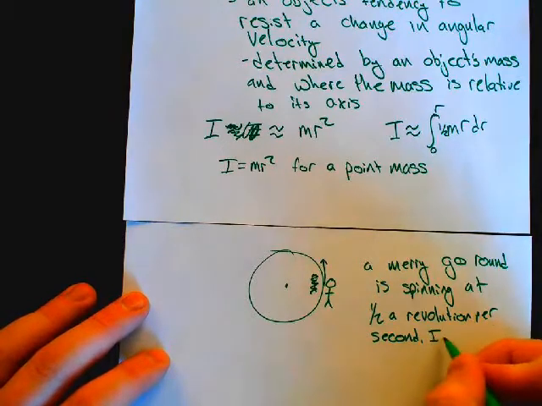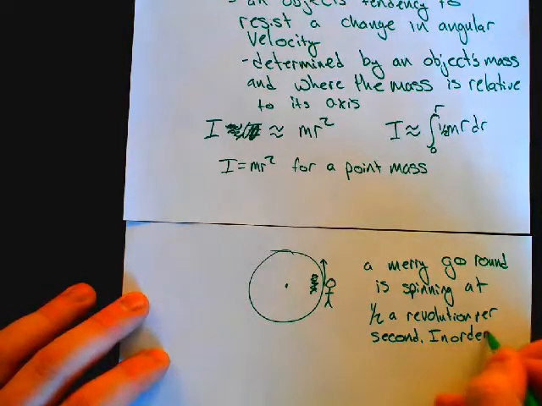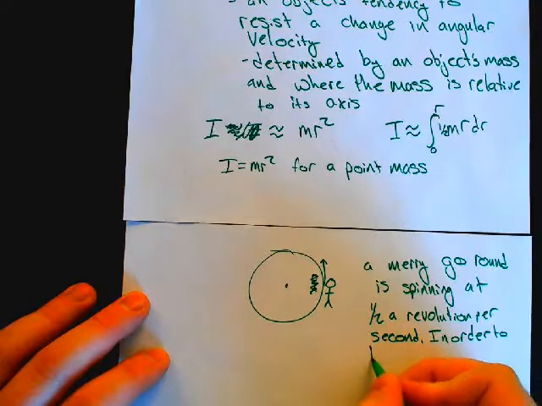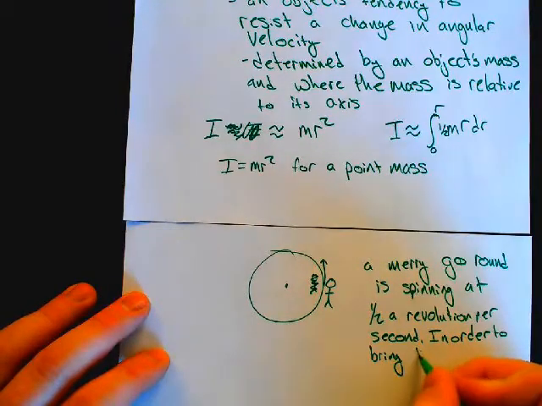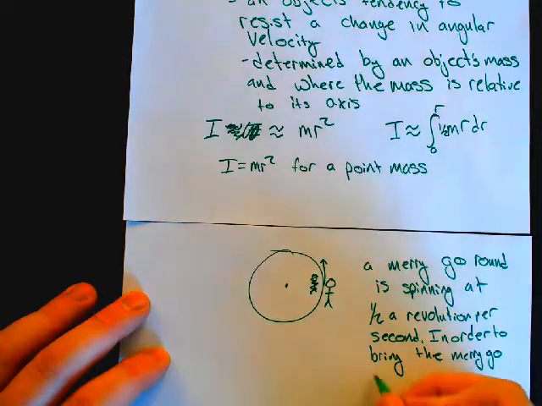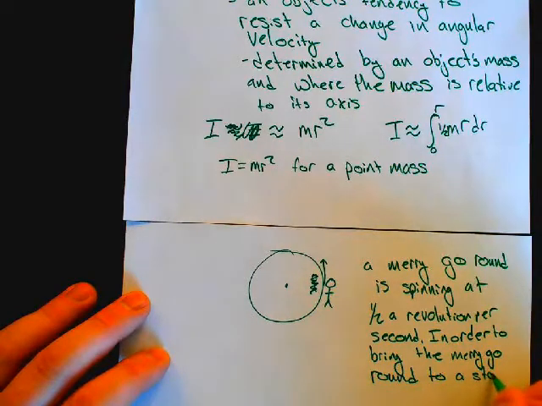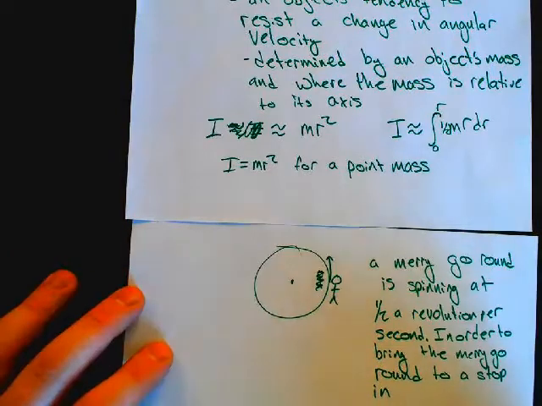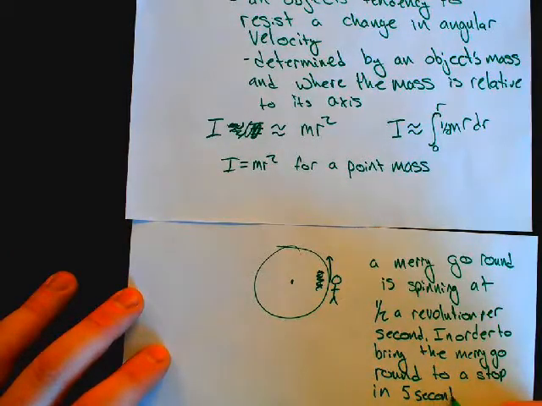In order to bring the merry-go-round to a stop in, let's say, 5 seconds, what torque must a person apply?